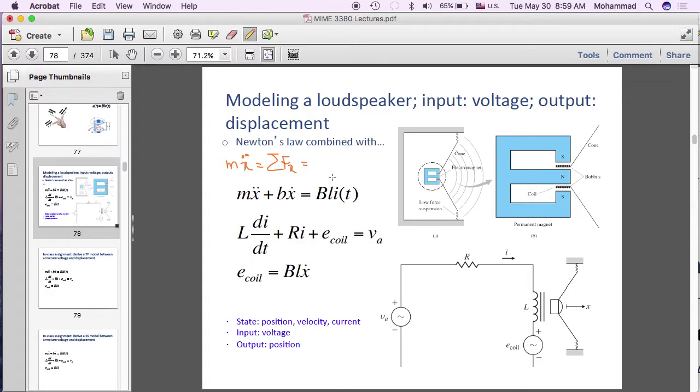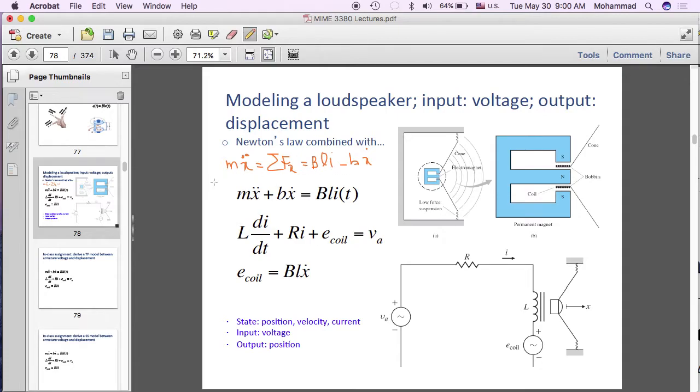According to the law of motors, the force generated on that coil is B, the magnetic field strength, times L, the length of the wire, times the current, which is a time variable. So it's BLi. And what slows down this mechanical motion is the damping caused by this mechanical structure. So it would be BLi minus b x dot. You can immediately see that even though it's a mechanical equation, the trace of electricity, or the electric side of the system, is in there. The current appears in this equation.